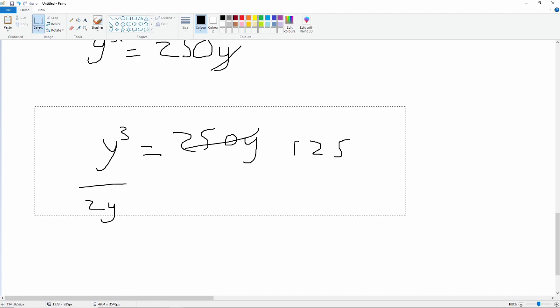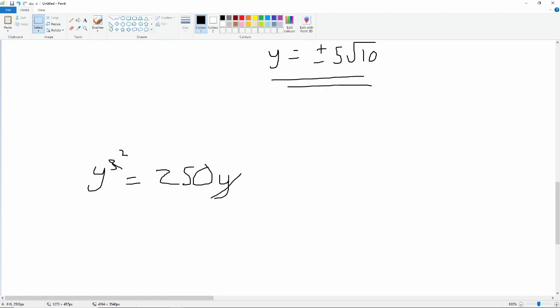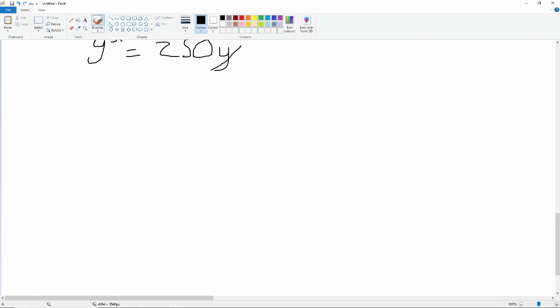Remember, this is a different question now. This time we have y cubed equals 250y. Now you'll notice that y equals 0 is a perfectly valid solution, and if we try to divide by y to cancel, we're basically doing a divide by 0 error. So that's why if we have this kind of question, we can't just divide both sides by y, we have to bring the 250y across.